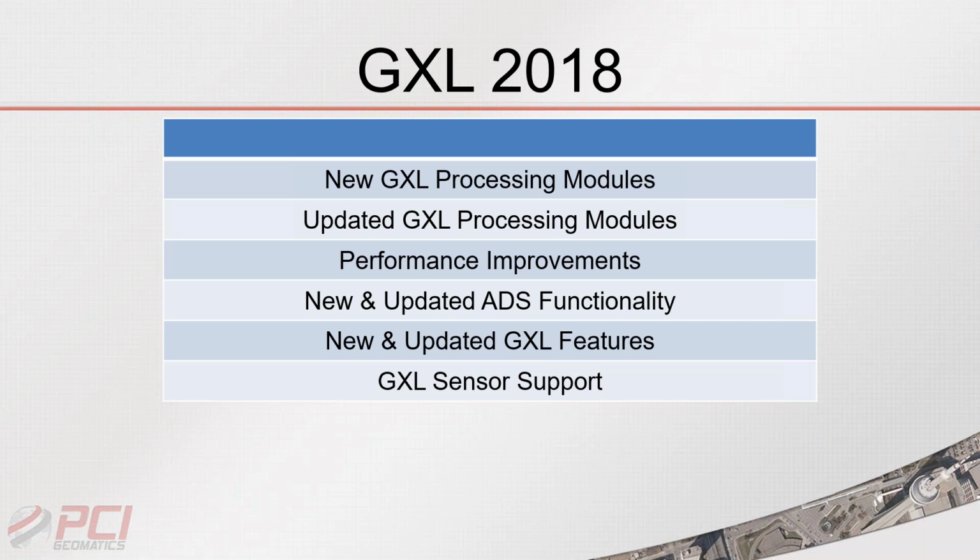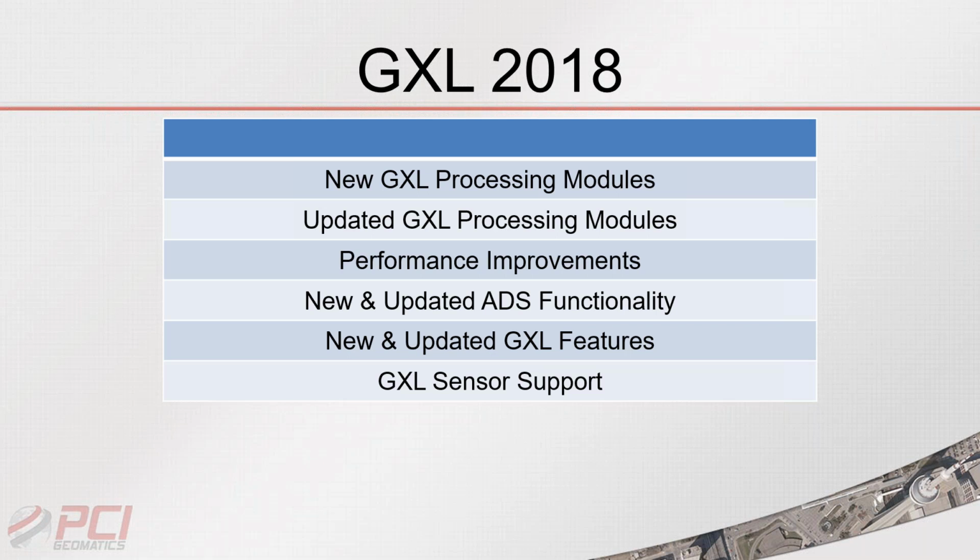Traditionally, PCI customers have used it to produce very, very large mosaics over large areas like countrywide mosaics. But in the context of ARD, which is an emerging topic and an area where we're focusing a lot of our attention, GXL is definitely a great tool for processing large data sets to produce ARD data sets. All of the technology that we've talked about has been implemented in some fashion in workflows within GXL.